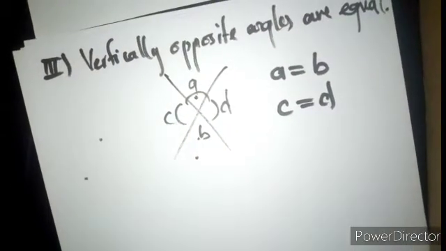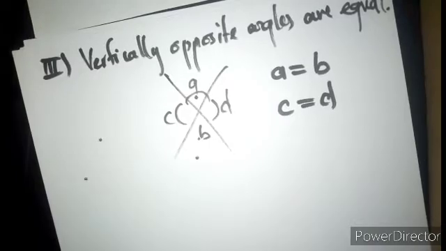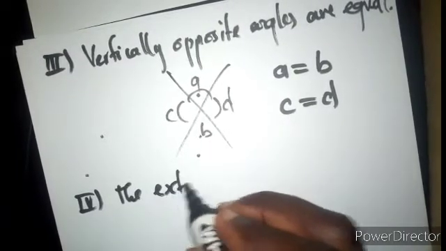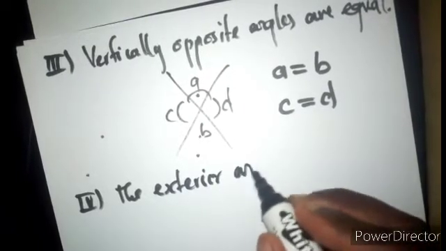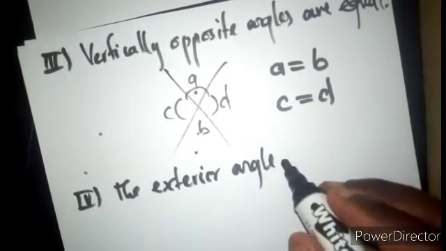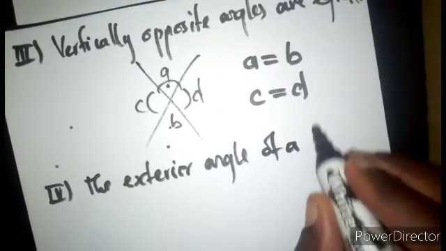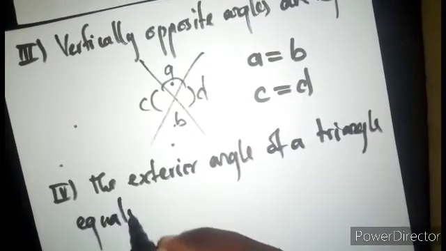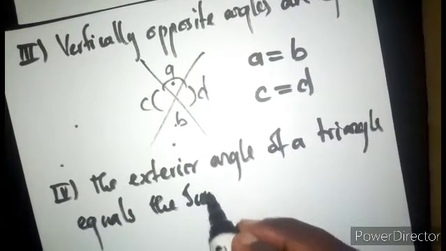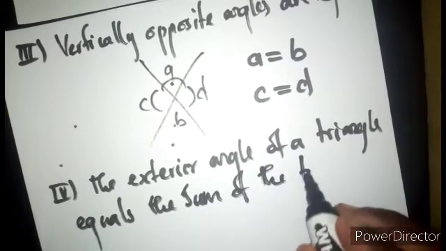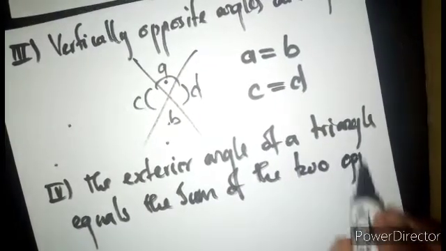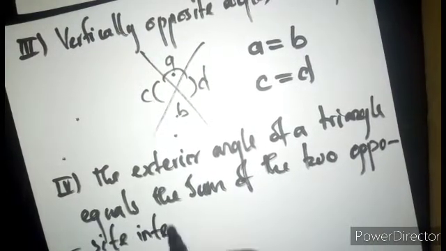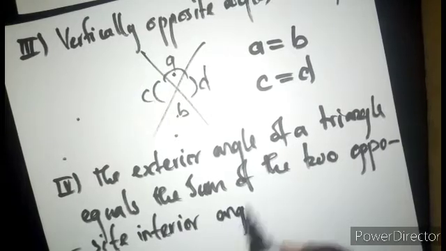Good. The last one says the exterior angle of a triangle equals the sum of the two opposite interior angles.